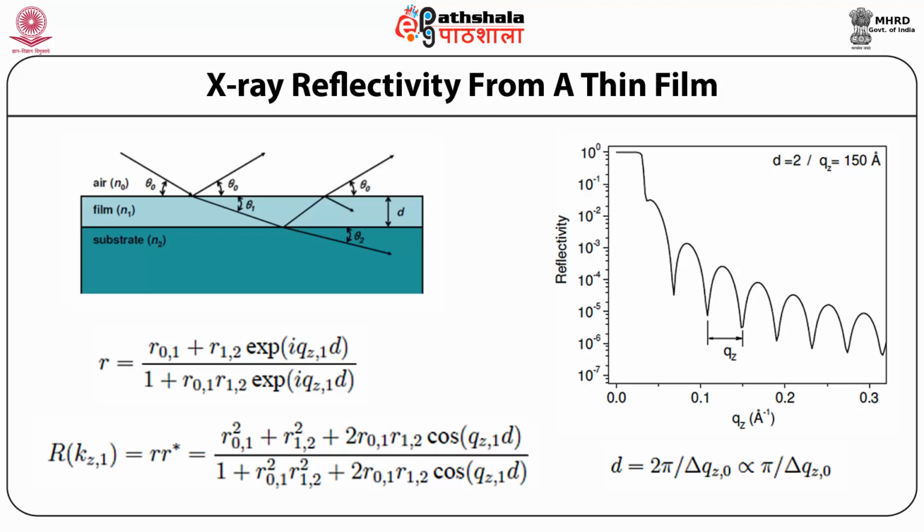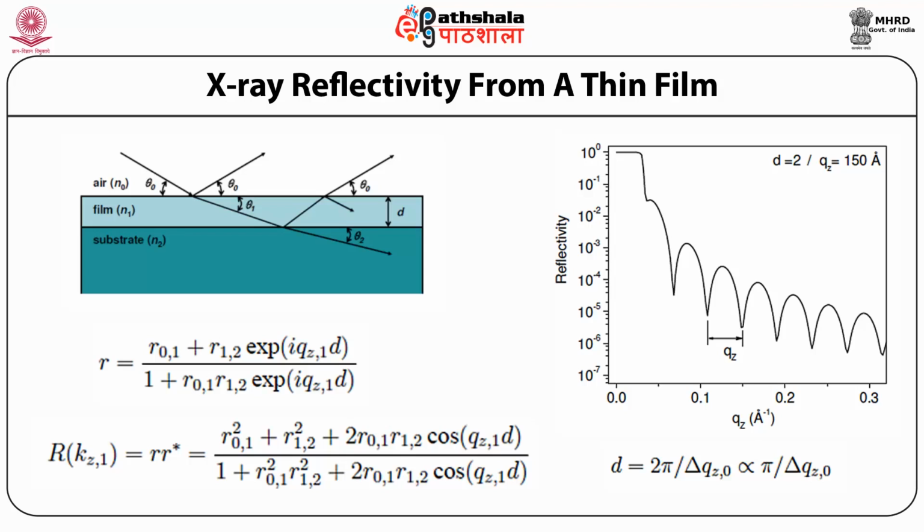So the reflection takes place first at the air-film interface and then at the film-substrate interface. So the reflection from both the surfaces, when we measure at the detector, forms an interference pattern, and by calculating the reflectance we can calculate reflectivity just as in this case.